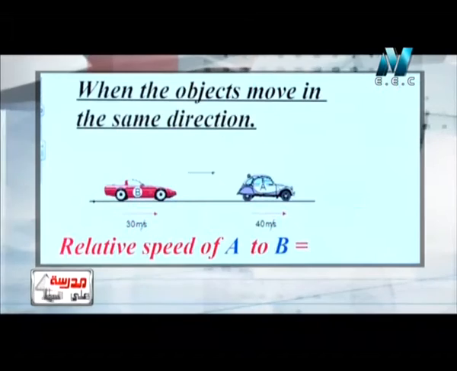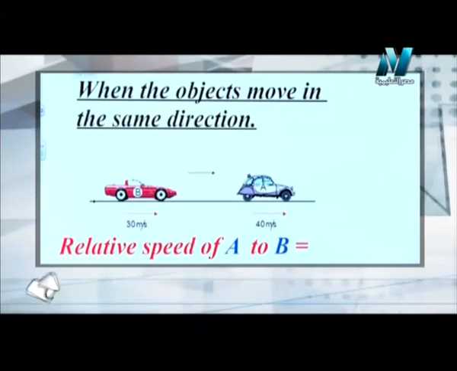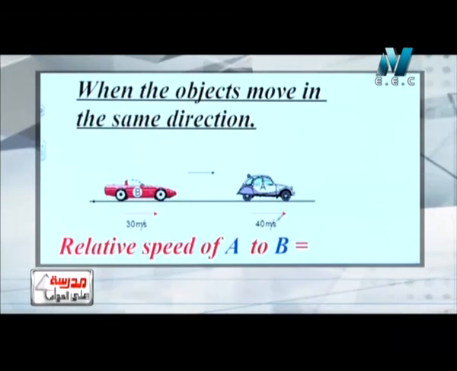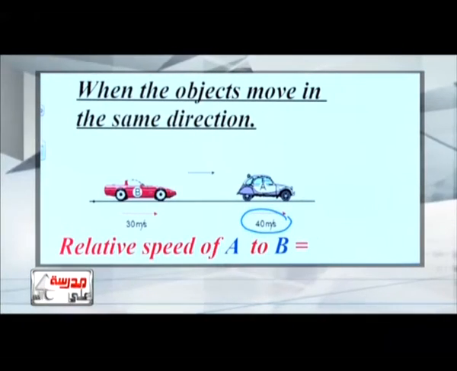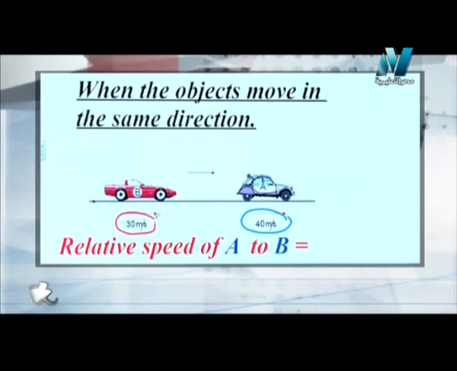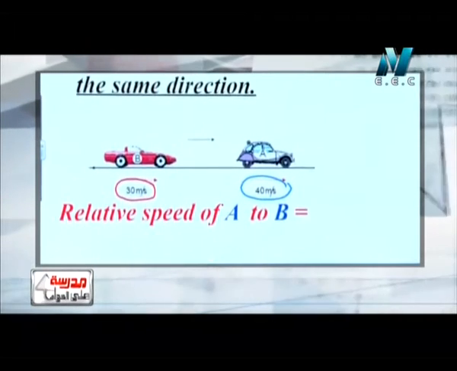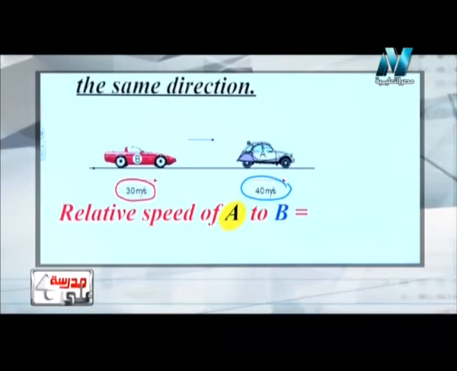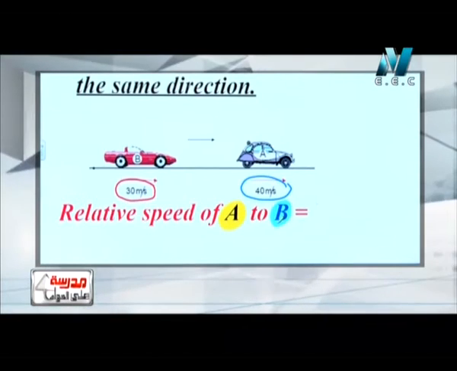As we see here, when the objects move in the same direction, الاتنين بيتحركوا في نفس الاتجاه, we have car A moving with a speed of 40 meters per second, and car B moving with a speed of 30 meters per second. So we have to know the relative speed of car A to car B. عايزين نعرف سرعة A بالنسبة ل B.